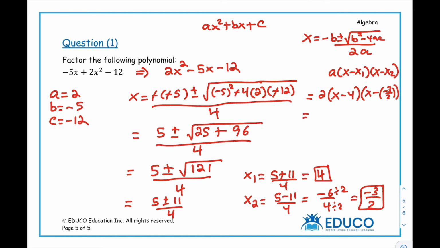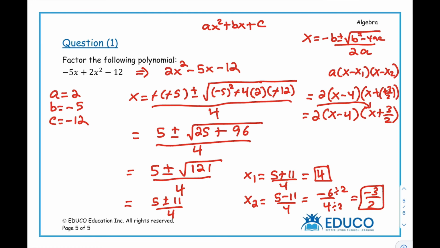So this is equal to 2 times x minus 4. These two negatives will cancel, and that will be x plus 3 over 2. And I'm going to do one small algebraic step to simplify this answer a little bit more. I'm going to distribute this 2 into the second bracket, because I notice in the second bracket that I have a fraction.